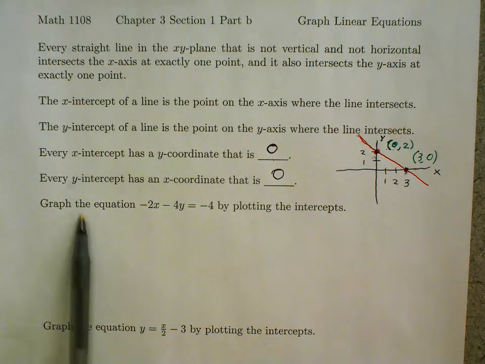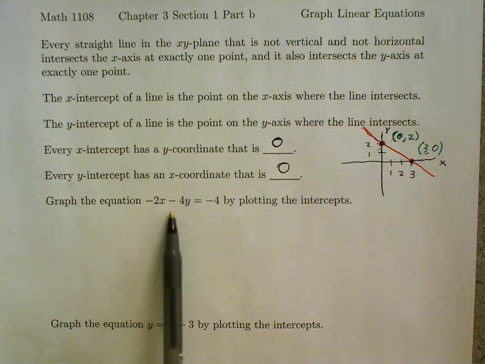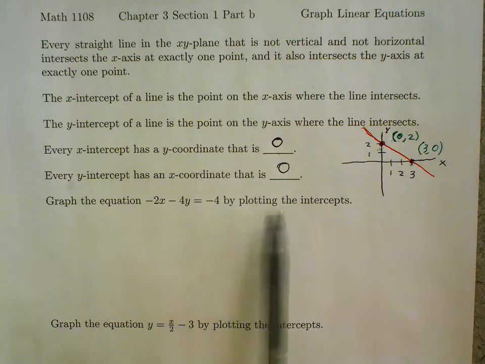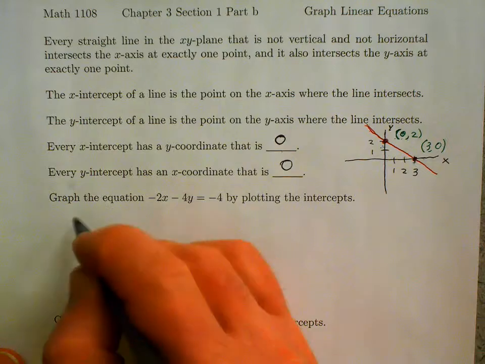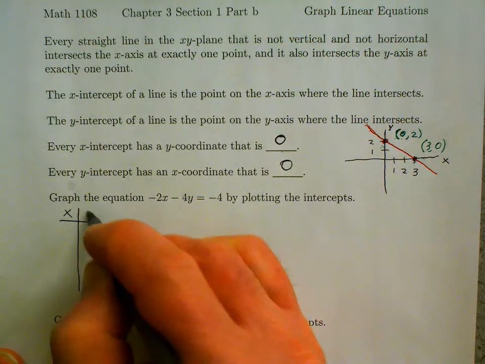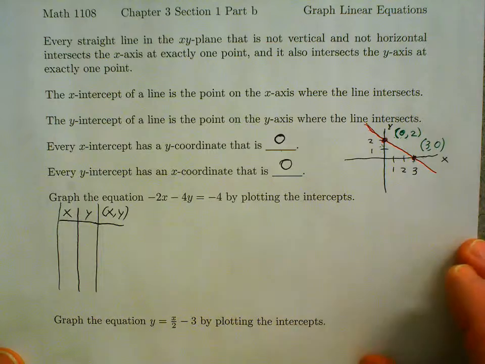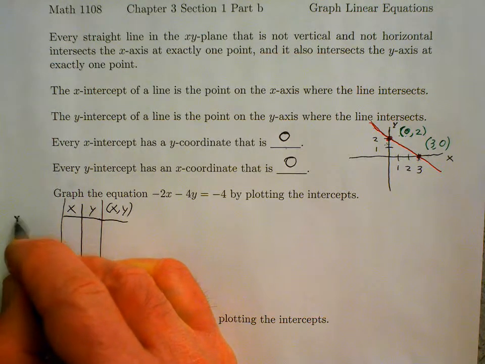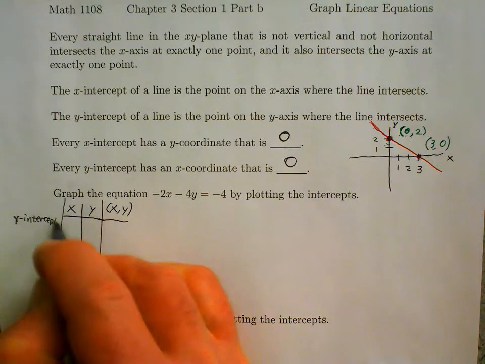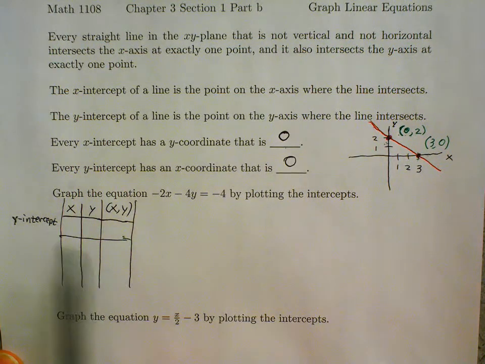Okay, so let's graph some equations by plotting the intercepts. Graph the equation negative 2x minus 4y equals negative 4 by plotting the intercepts. That means by plotting the x-intercept and the y-intercept. Okay, let's find the y-intercept first. What's the ordered pair for the y-intercept?